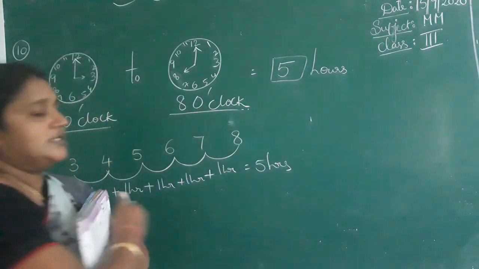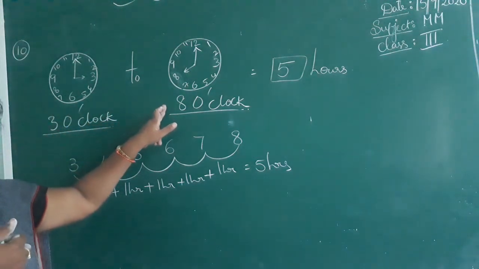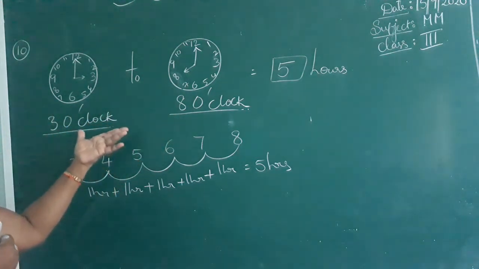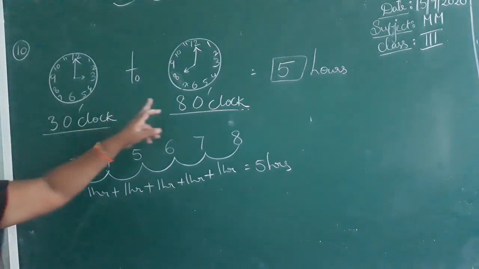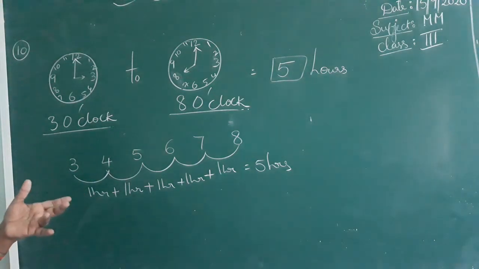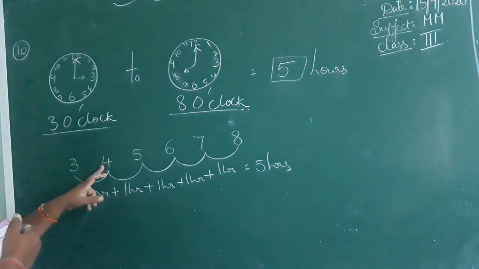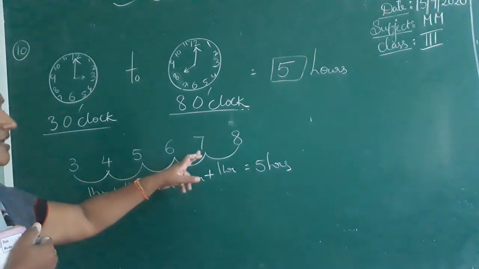Once again I will tell you. The first clock is showing 3 o'clock and the second clock is showing 8 o'clock, and they are asking how many hours are there between these two timings. So after 3, what will come? 4, 5, 6, 7, 8.